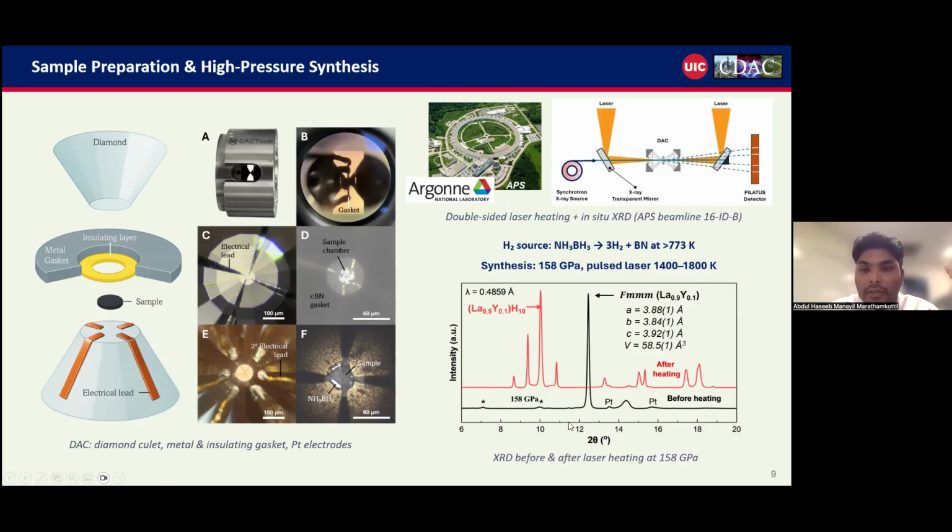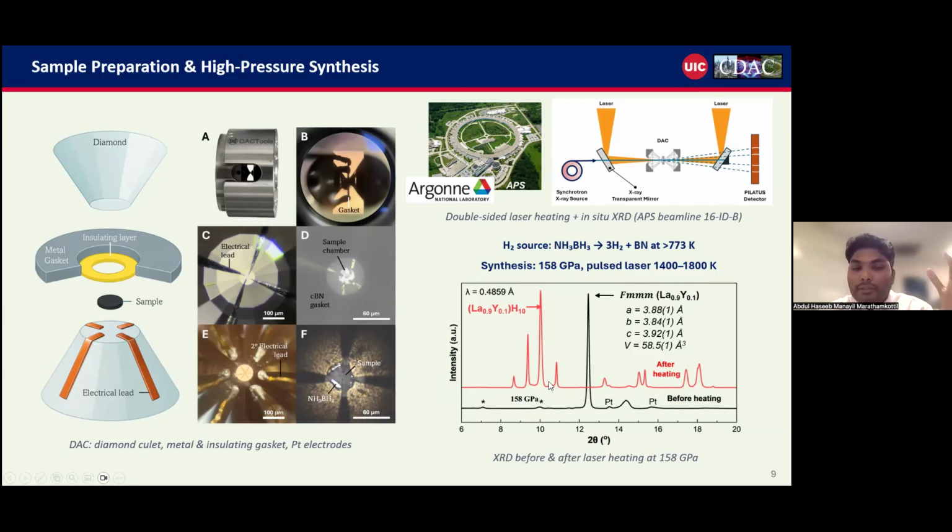The black pattern at the bottom is the lanthanum 0.9 yttrium 0.1 alloy at 158 GPa. You can see the distorted cubic FCC alloy structure from the XRD, along with the platinum electrode reflections marked explicitly. After laser heating, in the red pattern, those alloy peaks are completely gone, and we have something new.